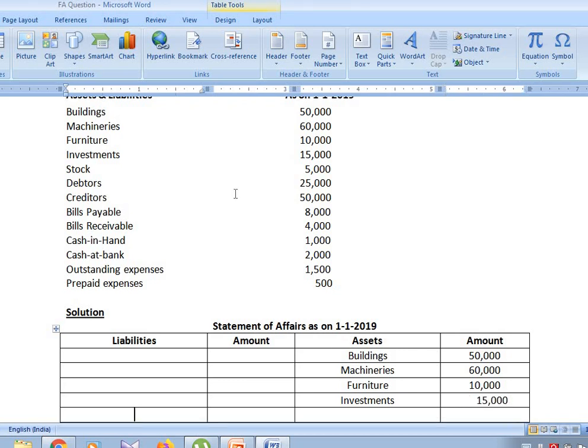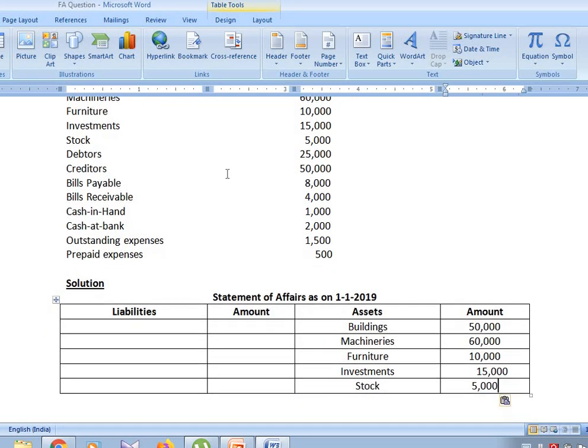Okay. Next, what do we have? Stock. Where do we record it? Stock is an asset which comes in case of working capital, short-term investment. What is the amount of stock? 5,000. All right.